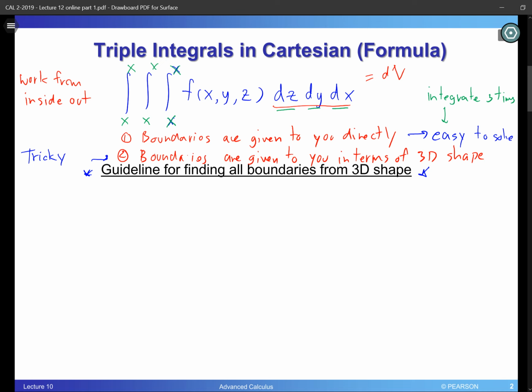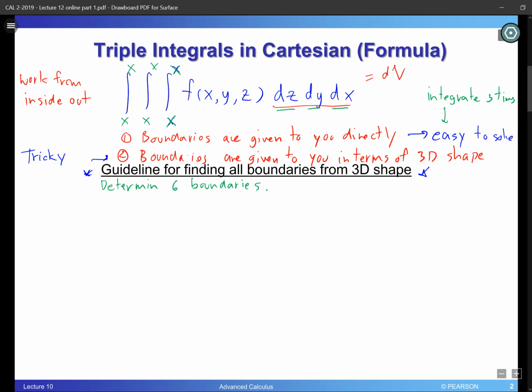What do you need to do in order to determine all 6 boundaries? Okay. On this slide, it might not make sense to you. That is okay, because this is just guideline. But we are going to apply this guideline in some examples later. It's going to make sense to you later. So don't worry if this doesn't make sense at this point.